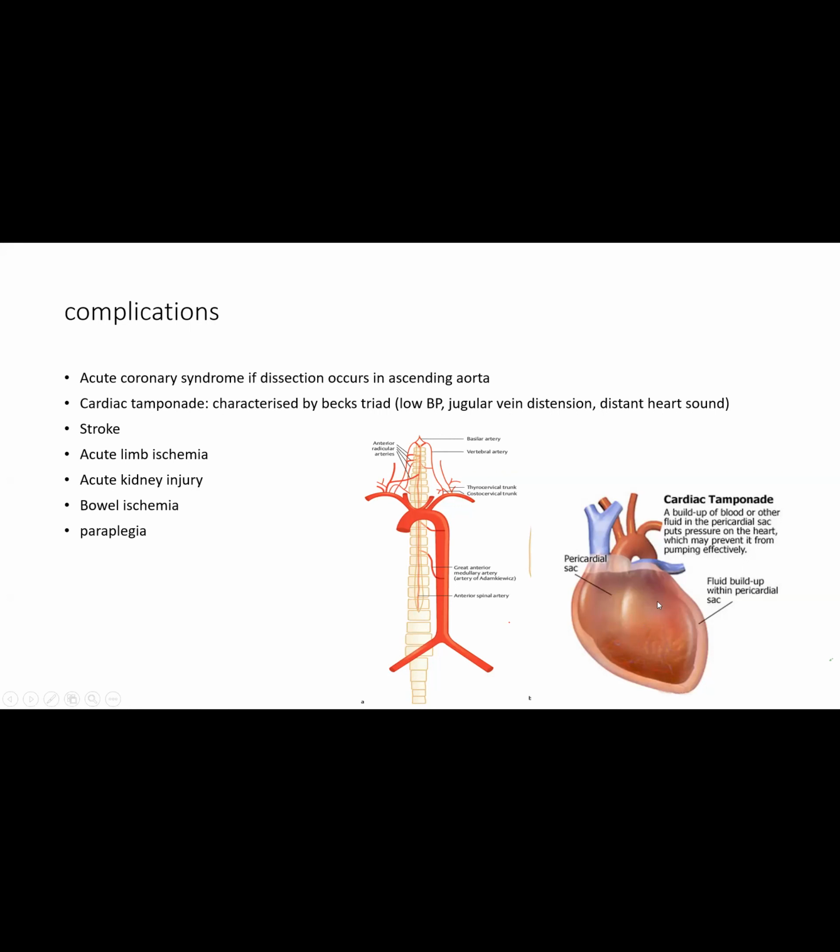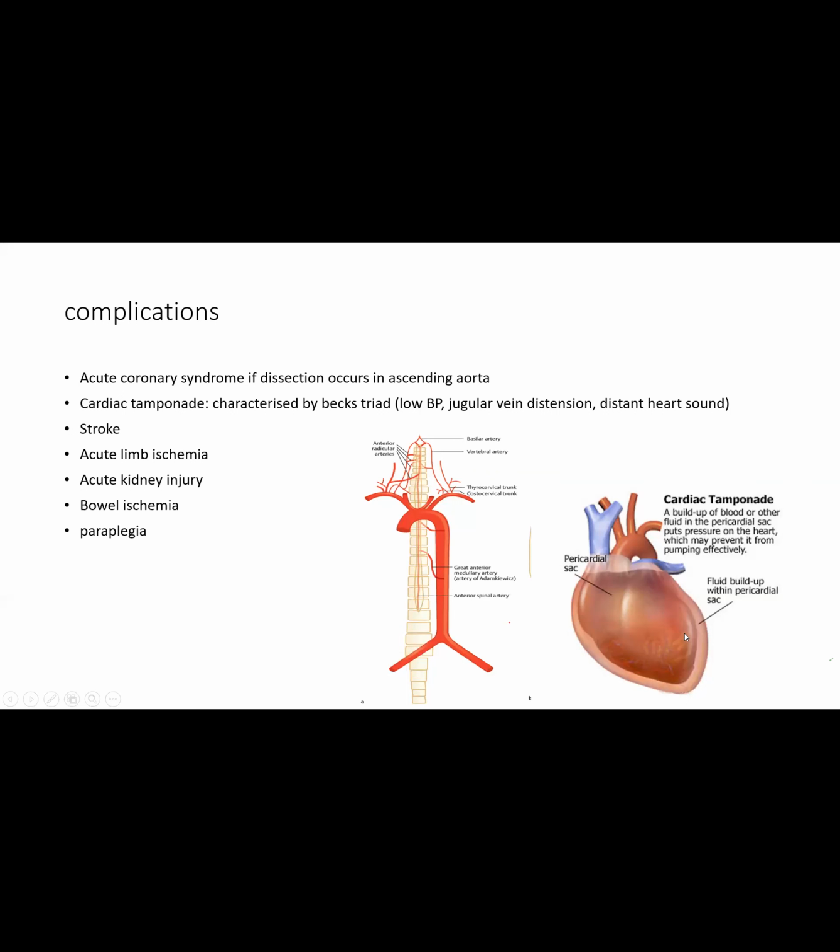For example, hypotension occurs because when blood builds up in the pericardial sac, the ventricles, both the right side and the left side, and all the chambers of the heart get compressed, so the ventricles cannot contract and cannot undergo systole and diastole properly. As a result hypotension occurs, because cardiac output decreases when the left ventricle is not able to contract properly.